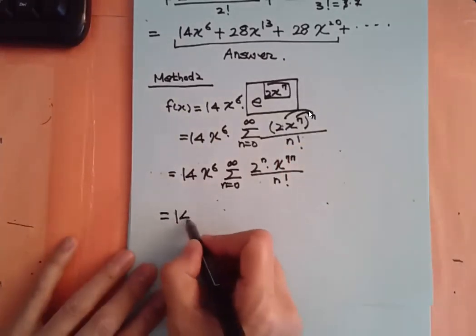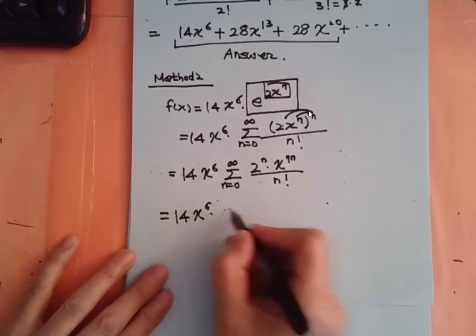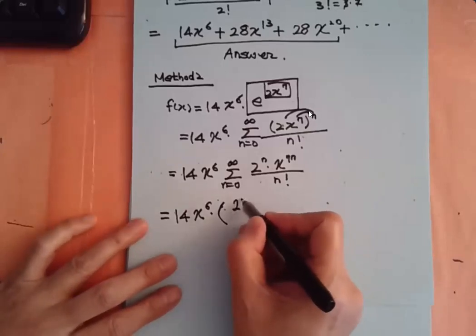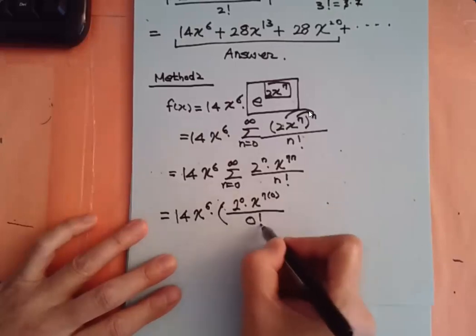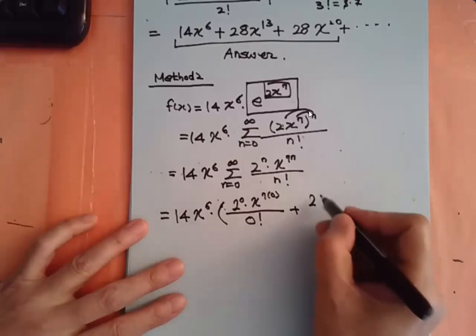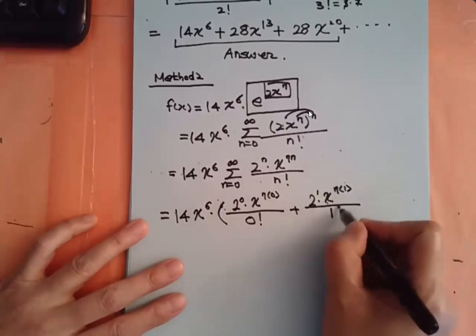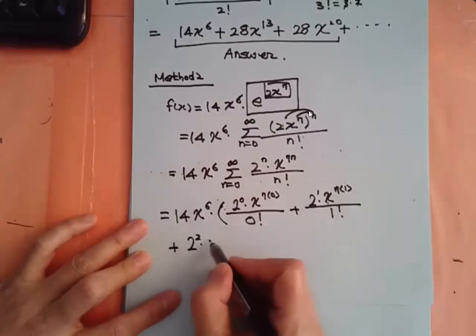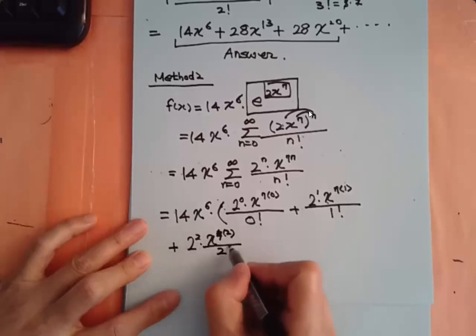And so this is 14x^6, open parenthesis, we start with 2^0 times x^(7*0) over 0 factorial, plus 2^1 x^(7*1) over 1 factorial, plus 2^2 times x^(7*2) over 2 factorial.